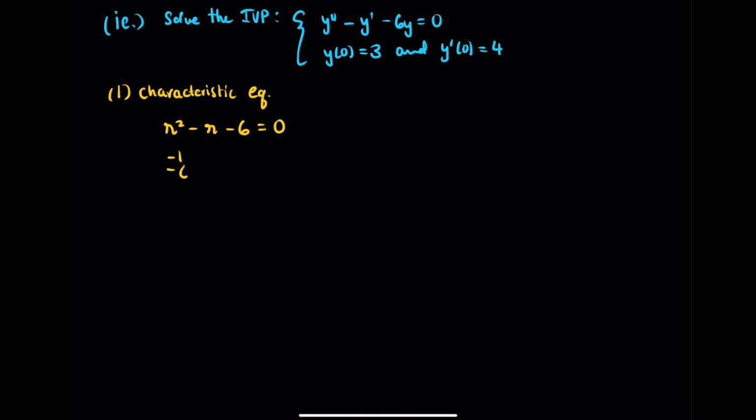This factors as r minus 3 times r plus 2 equals 0, and so your two roots are r1 equals 3 and r2 equals negative 2.